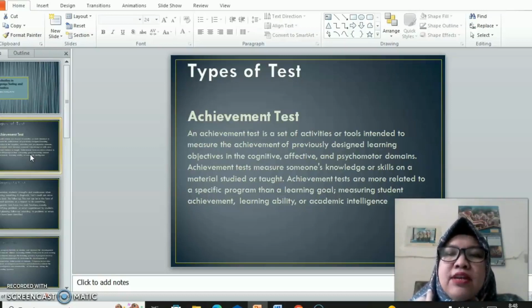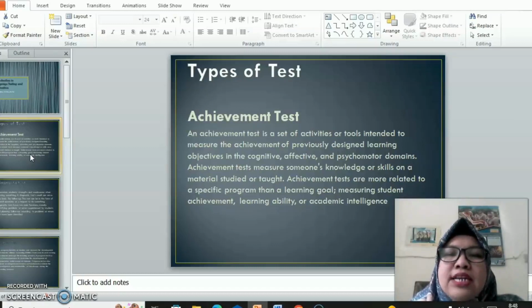Achievement tests are more related to a specific program than a learning goal, measuring student achievement, learning ability, or academic intelligence. So, the main focus of achievement tests is to measure whether our learning objective is already achieved or not.